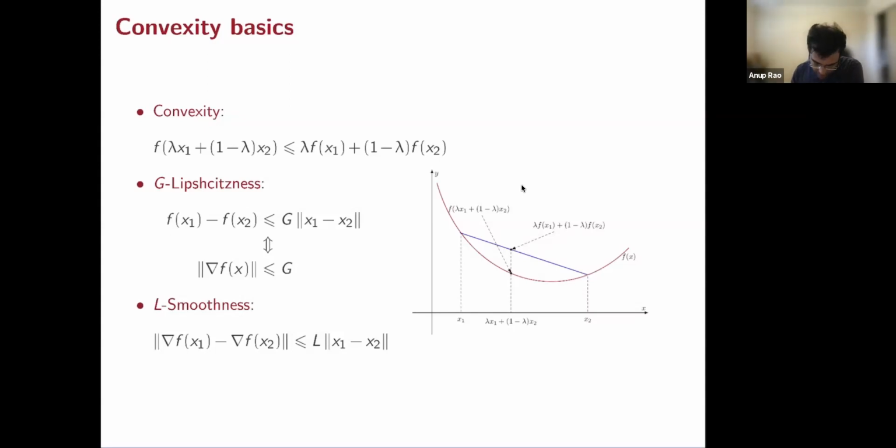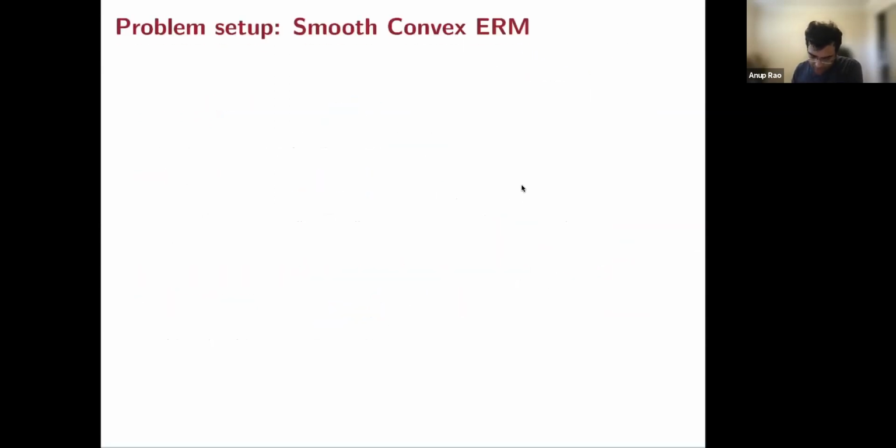Or in other words, the norm of the difference of the gradient evaluated at x1 and x2 is bounded by the distance between x1 and x2. Again, for simplicity, we'll assume both this G and L are order 1. So I will hide G and L from all the expressions. So that's a convex function.